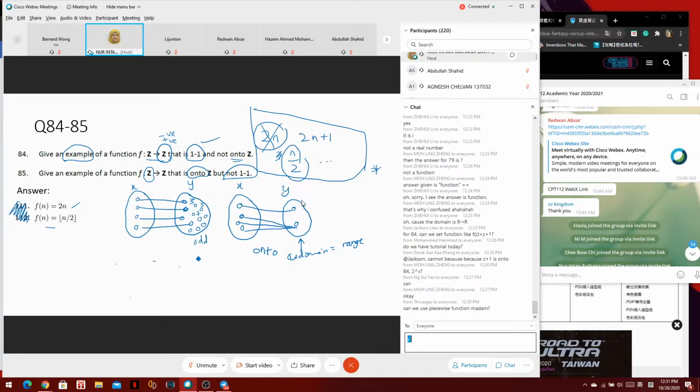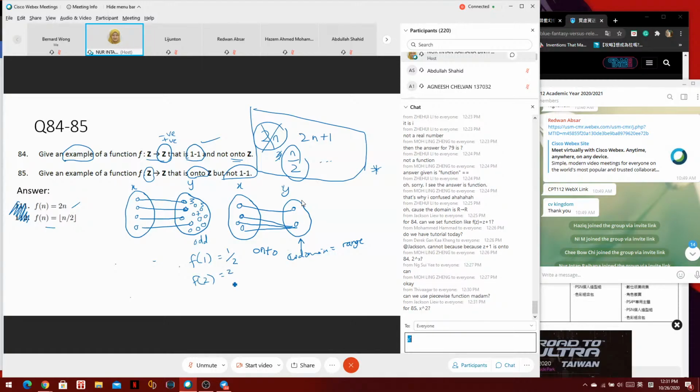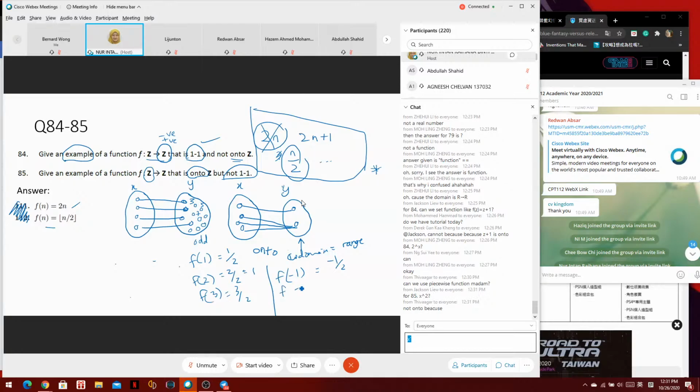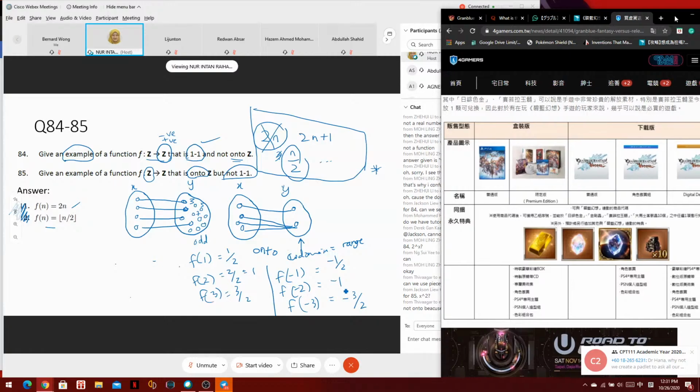Wrong already. What about if we try and divide it by 2? Let's try: f(1) is 1/2, f(2) is 1, f(3) is 3/2, or f(-1) is -1/2, f(-2) is -1, and f(-3) is -3/2.